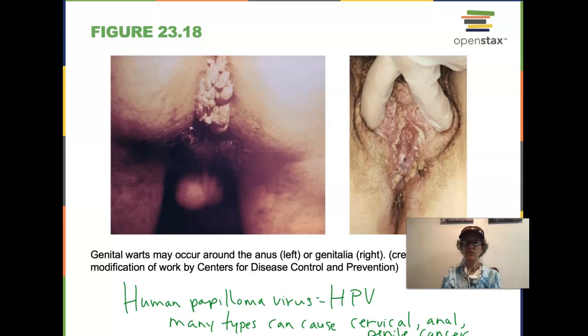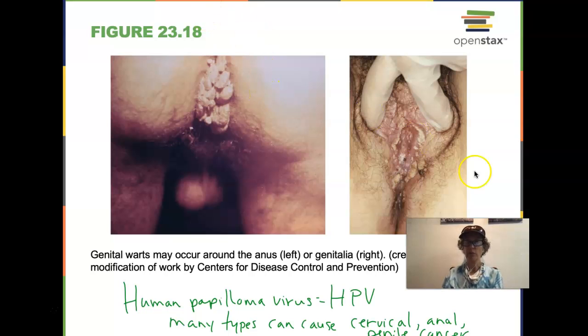There are dozens of different types, and there are several types that are involved in causing penile, cervical, and anal cancer because they form these lesions that are small tumors that can lead to unregulated growth and become cancerous.